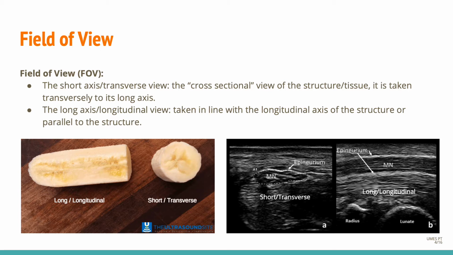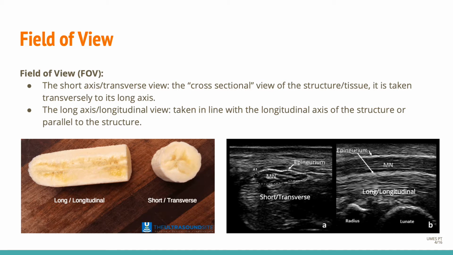So if we're looking at the long axis or the longitudinal view, this is taken in line with that axis of the structure or parallel to the structure. So it's like a banana that's cut long ways. The short axis or transverse view is the cross-sectional view of the structure or tissue, and it is taken transversely to its long axis. So that's like cutting the banana the short way.